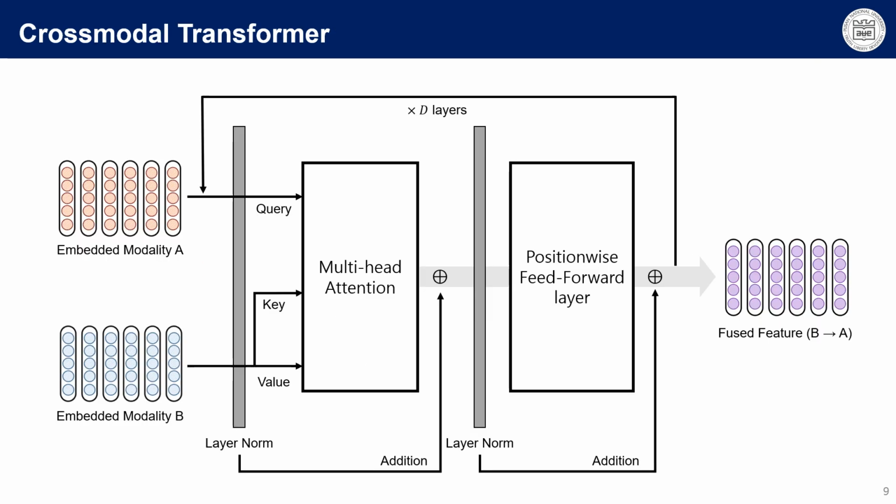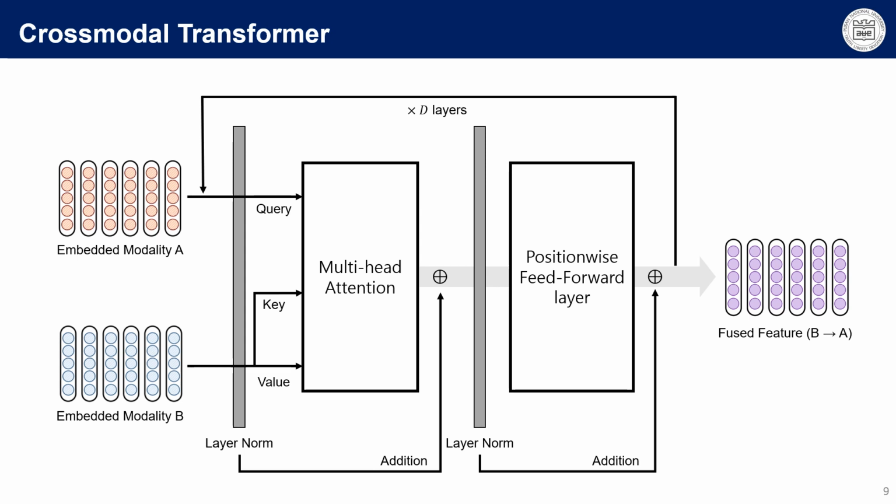In this part, we put these modalities into the cross-modal transformer. In this layer, embedded modality A is considered as the source modality and B is considered as the target modality. The source modality is calculated as query with the query weight, and the target modality is calculated as key and value with the key weight and value weight before being put in multi-head attention.